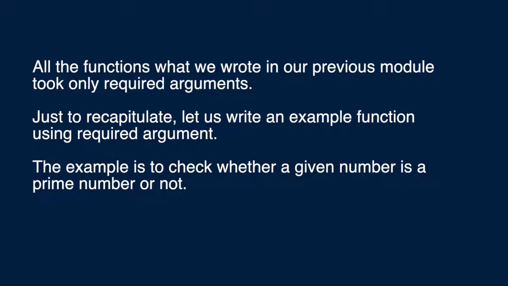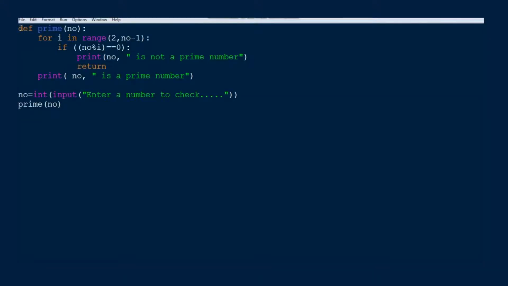Just to recapitulate, let us write an example function using required argument. This example is to check whether a given number is a prime number or not. Here is an example for required arguments.